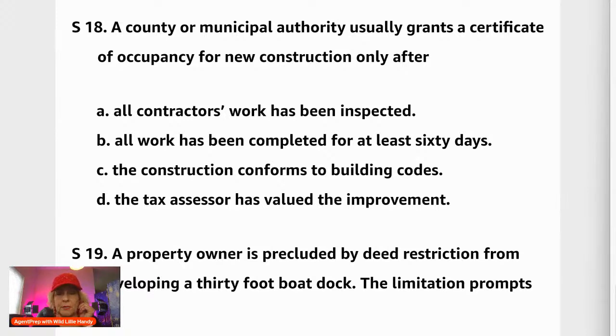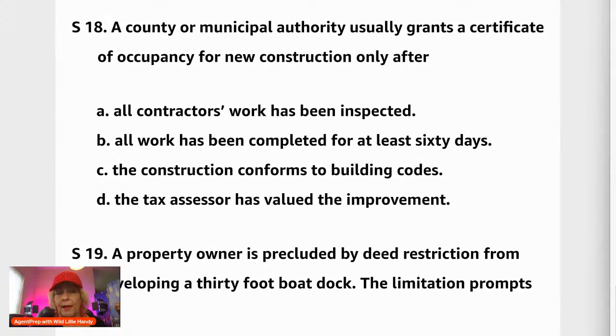So what is required when there's new construction and a certificate of occupancy is issued? Well, yes, it has to be inspected. It says all contractors' work has been inspected. Well, the work of the property is inspected. Okay. However, it's inspected and it has to meet certain building codes.